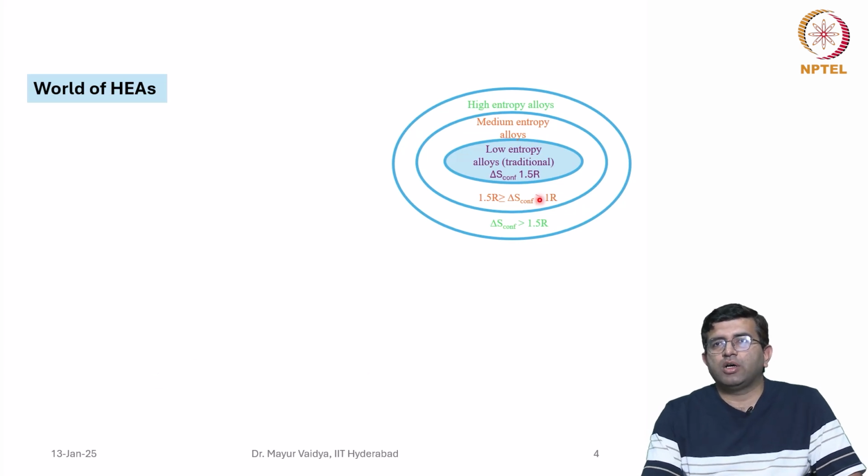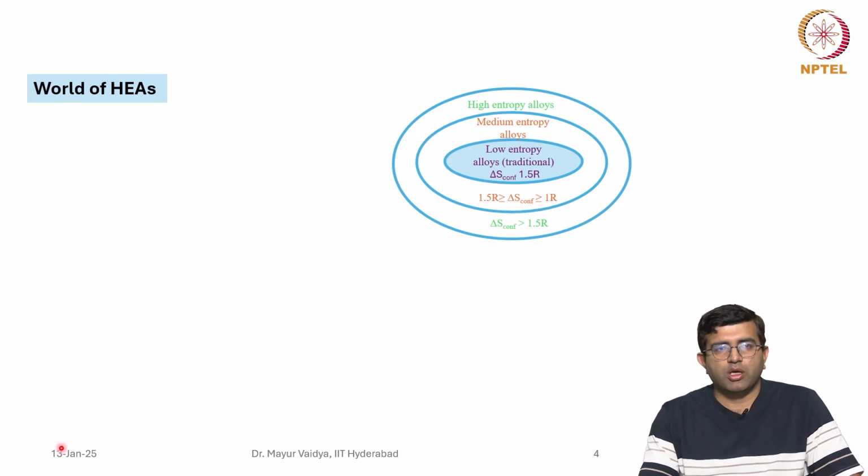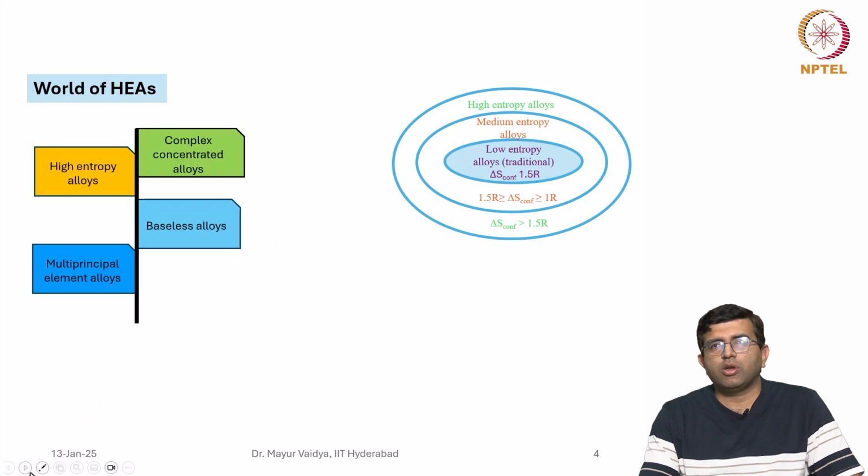If the configurational entropy is greater than 1.5 R, it is called a high entropy alloy. If it is between 1 R and 1.5 R, it is a medium entropy alloy, and if it is less than 1 R, then it is a low entropy alloy, or you can call it a conventional alloy.